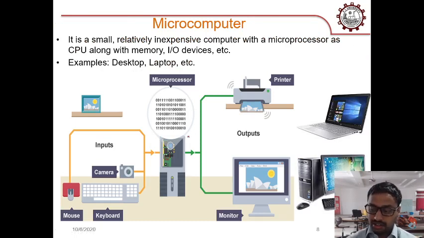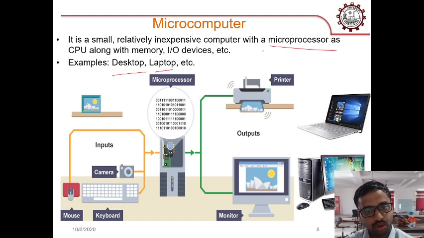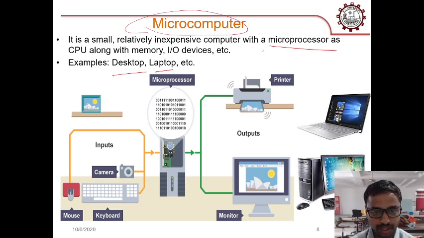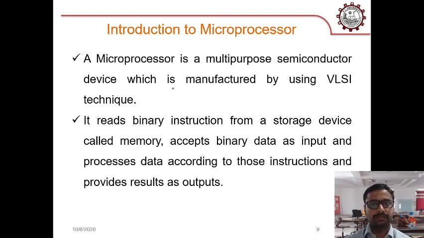And the systems like your computers use microprocessors inside them, and the laptops, desktops, all these things come under these examples, and we usually call them microcomputers. Microprocessors also drive bigger systems like supercomputers and etc. The things that we everyday use are something called microcomputers.